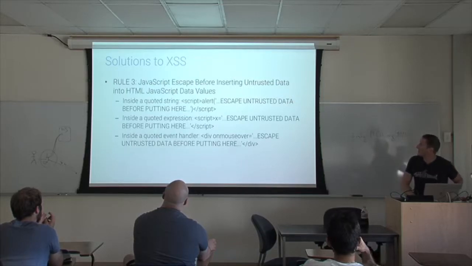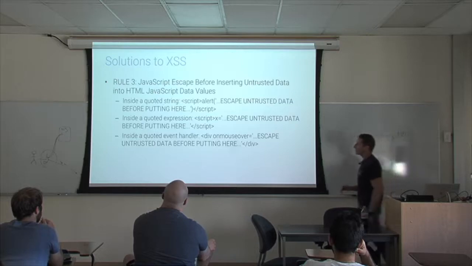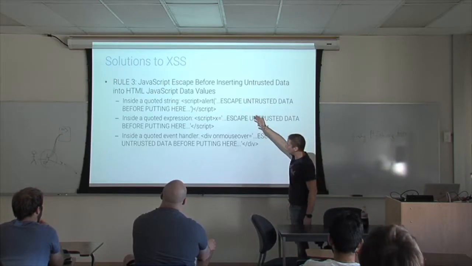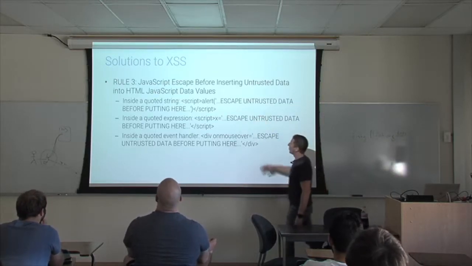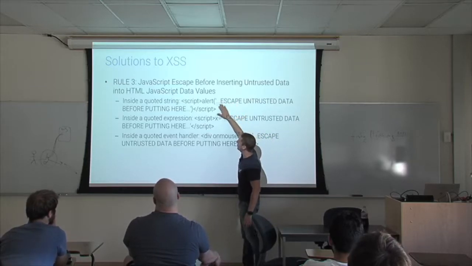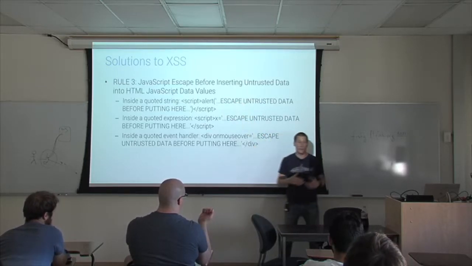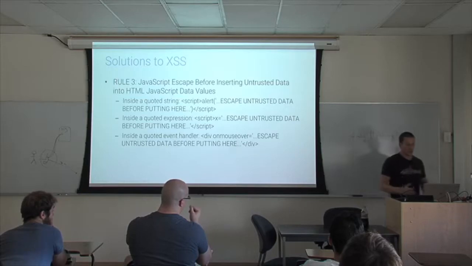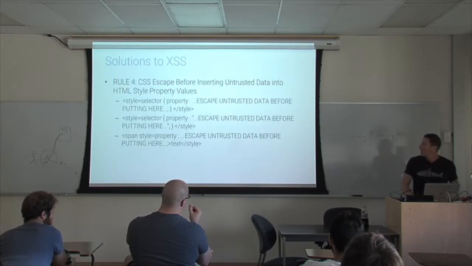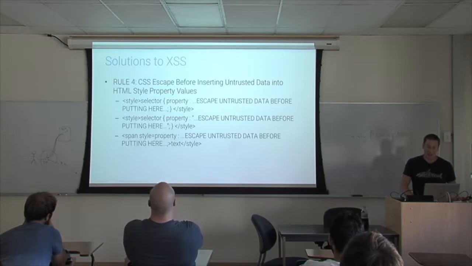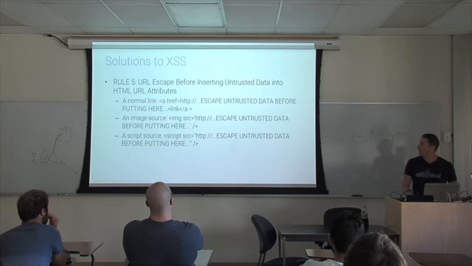Also JavaScript escape before inserting untrusted data into HTML JavaScript data values. Okay, so when you put stuff into the quote of something, you cannot do, for example, an alert using untrusted data. Escape CSS too, because cascading style sheets can also cause problems with the property value.